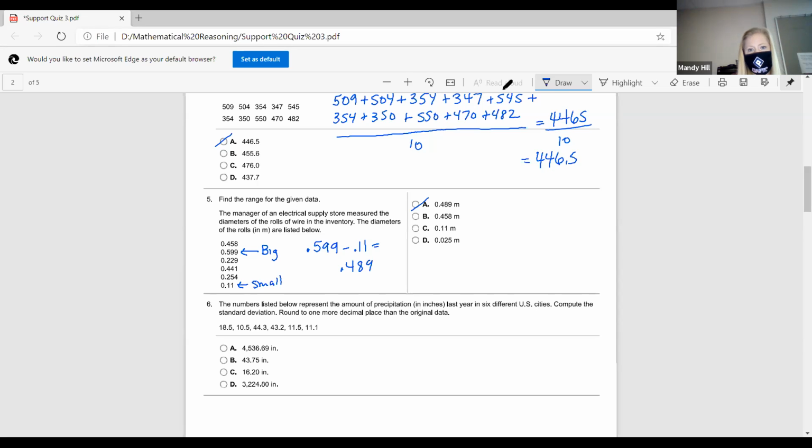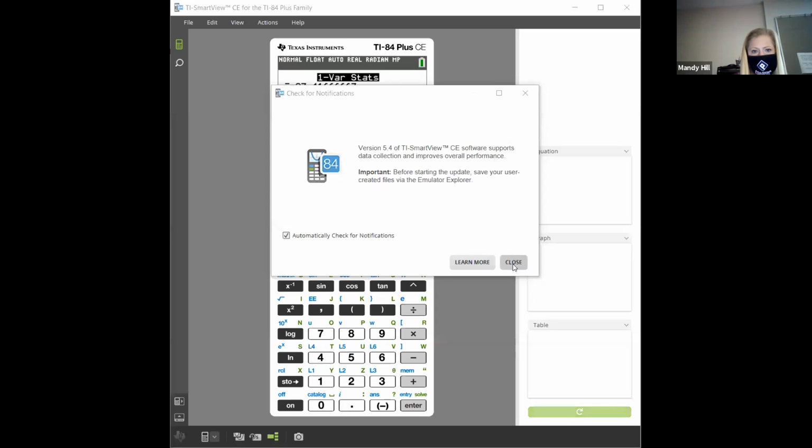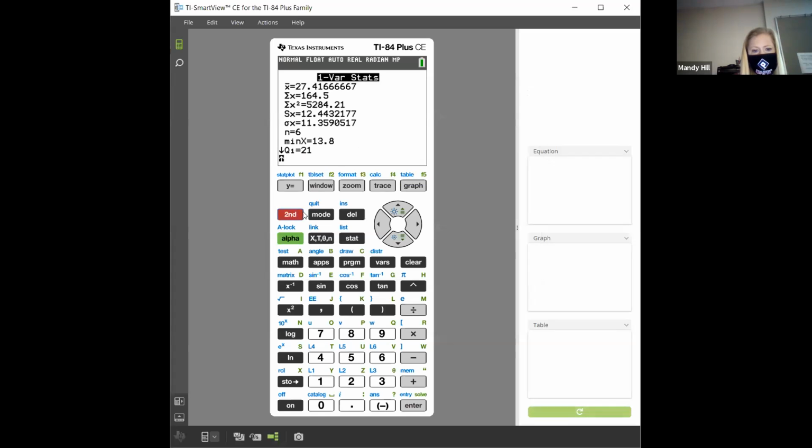So let me go to my calculator on here. Okay, so I'm going to get out of this. I can quit. I just got a clear screen. So to find standard deviation, you've got to type in that list in your calculator.